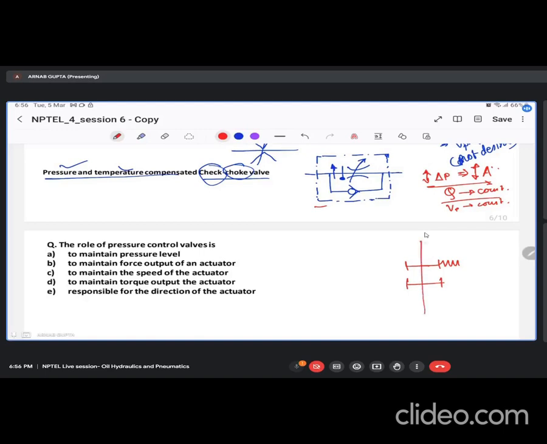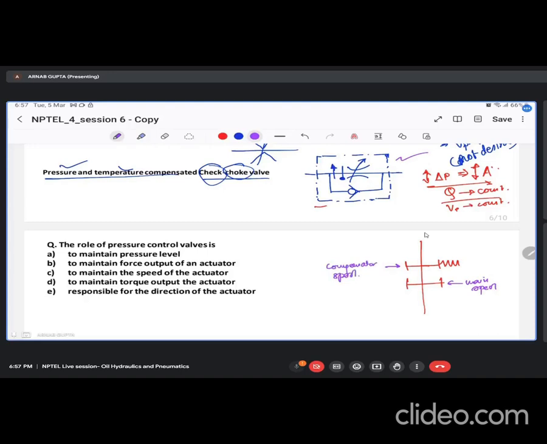I'm just representing it with this line diagram. This is not the correct symbol. This is the symbol. So what happens? This is the main spool, and this is your compensator spool.